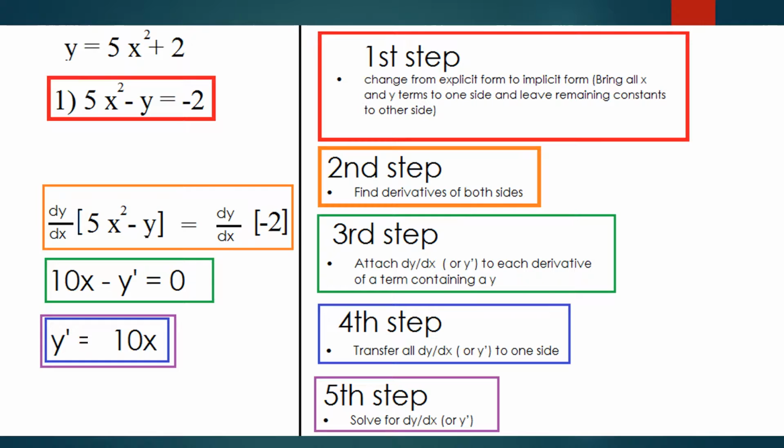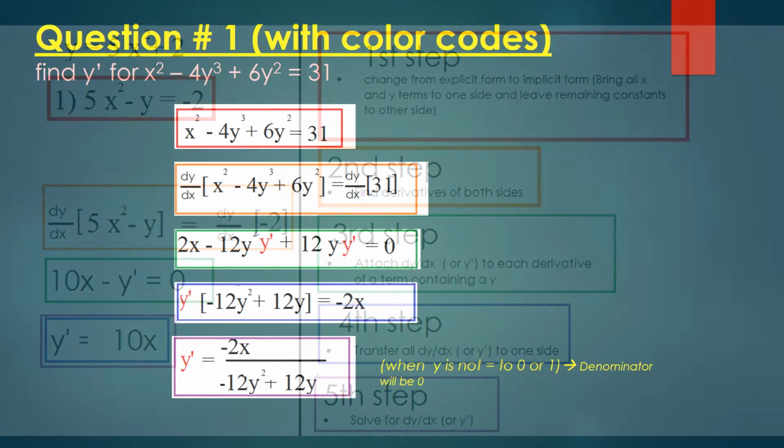So you get 10x minus y prime is equal to 0, because the derivative of a constant is always 0. Then you solve for y prime by bringing the 10x to the other side and dividing by negative 1.